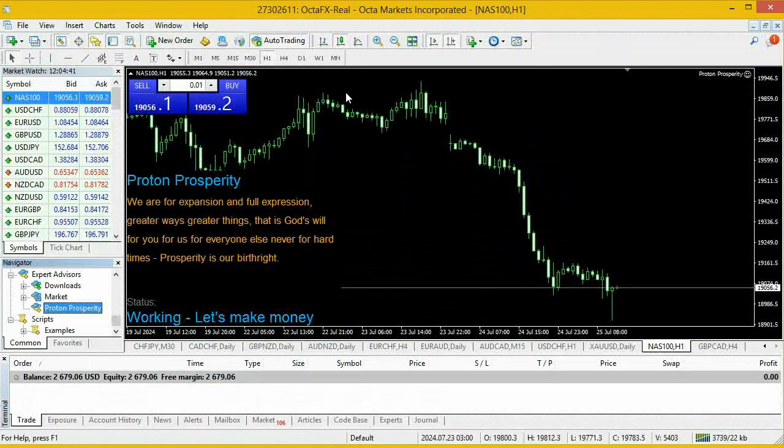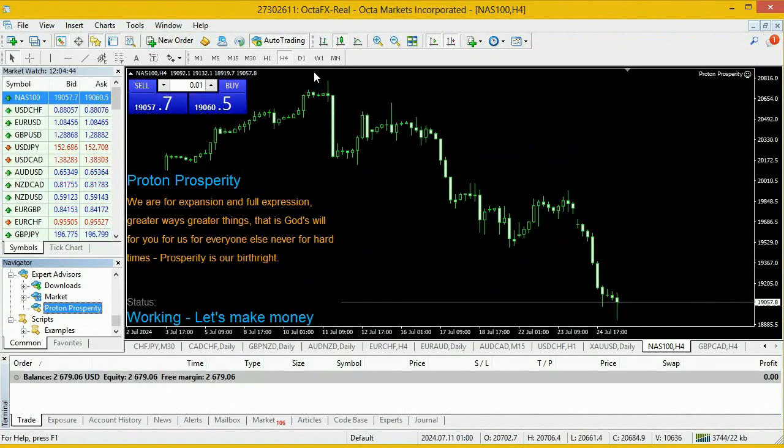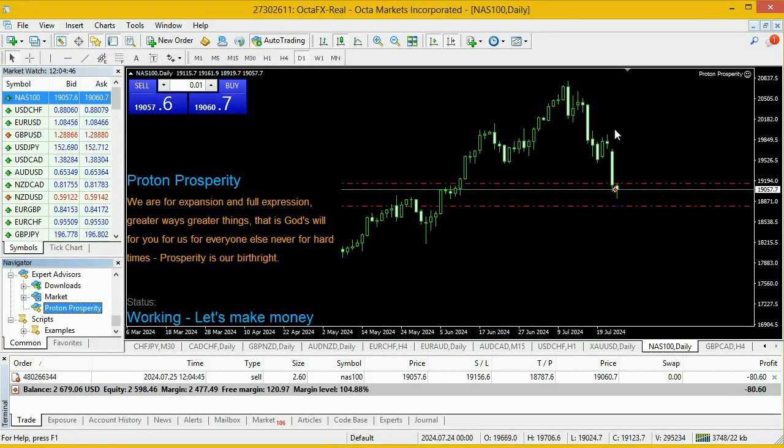The next trade is on Nasdaq. Sell position executed. Our stop loss. And take profit.